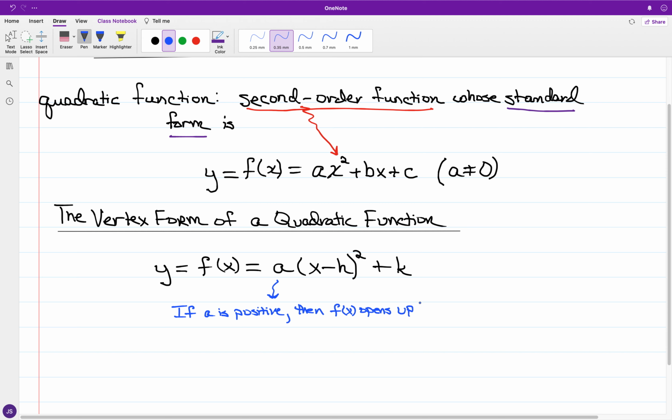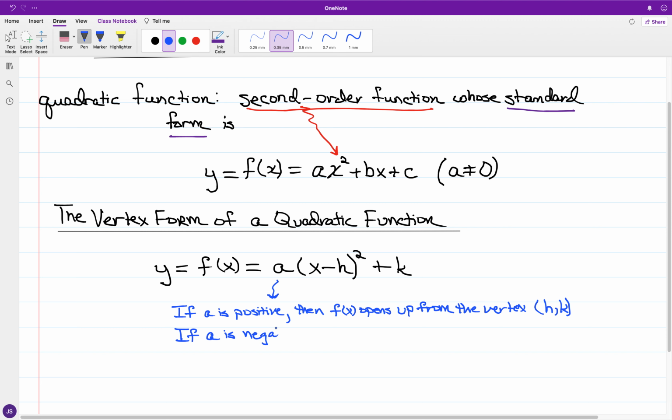And what is it going to open up from? It's going to open up from a point that's referred to as the vertex. The vertex is going to be an ordered pair, and this is where the letters h and k come in. On the other hand, again, a is non-zero in value, so either it's going to be positive or it's going to be negative.